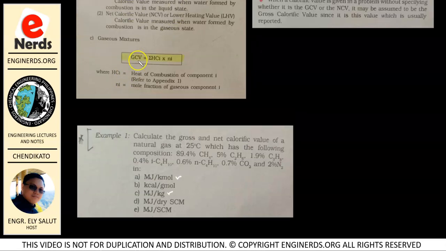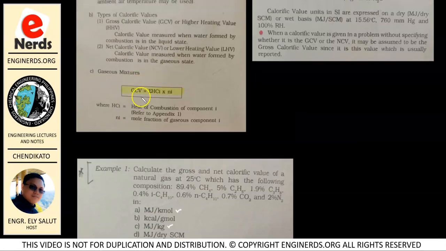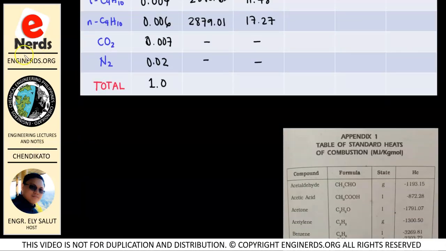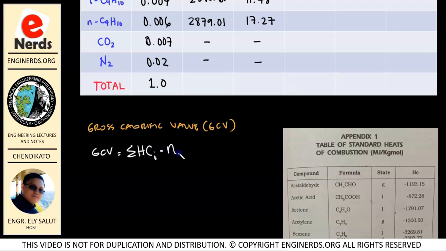Because ang formula for our gross calorific value, which is gross calorific value, is equal to the summation of HCI times our number of mole of every component, no?